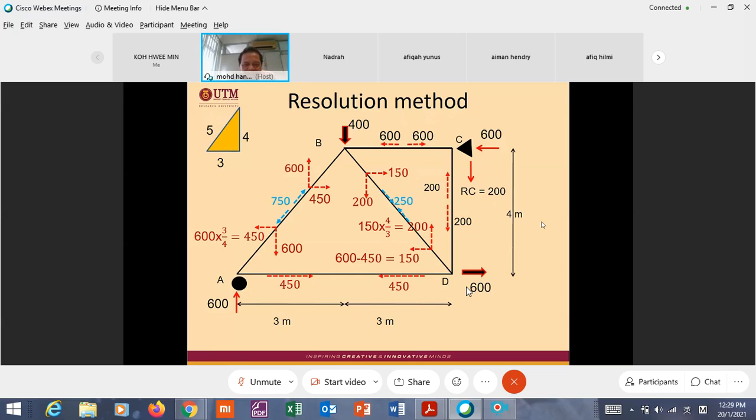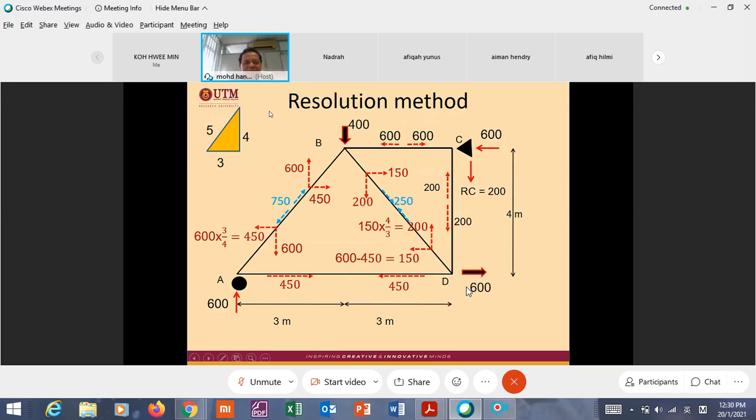In the exam, I don't know about Dr. Yunus, because Dr. Yunus is in charge of the exam, you can only use the joint method and the section method. You can use this method, but you also have to show the equilibrium equation.